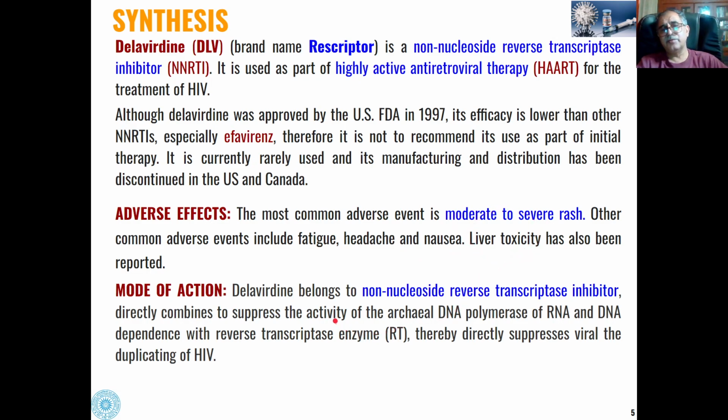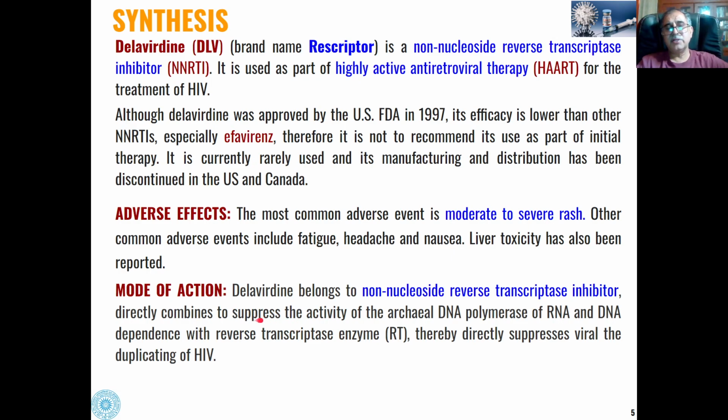Again, the mode of action is same as that of other nucleoside or nucleotide reverse transcriptase inhibitors. Only thing is that here the structure is different. As far as the chemical structure is concerned, it is non-nucleoside, but the mode of action is same as we have seen in the previous lecture, that they will inhibit the working of reverse transcriptase enzyme.